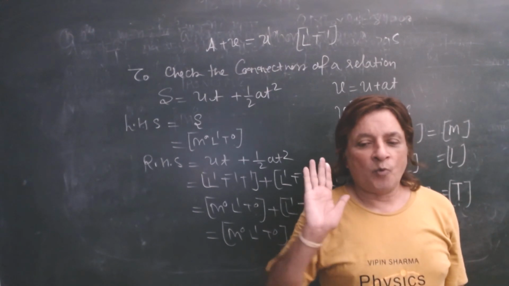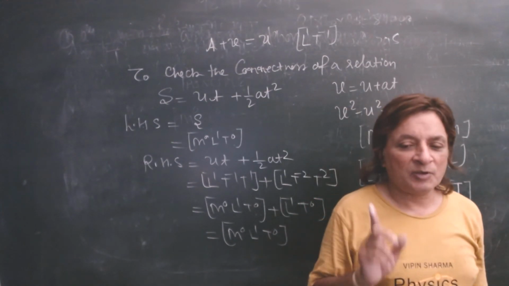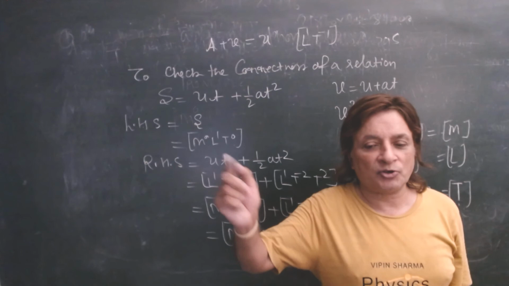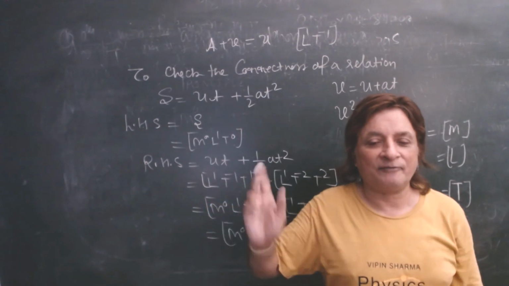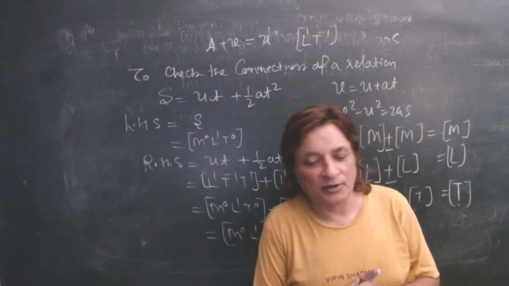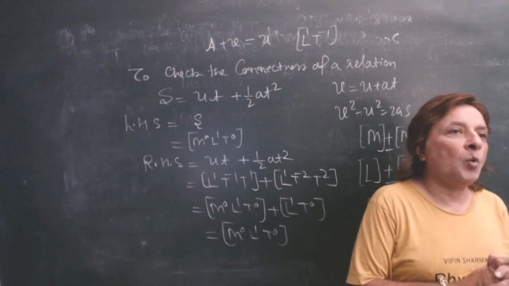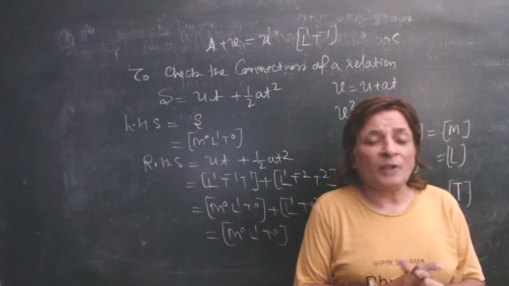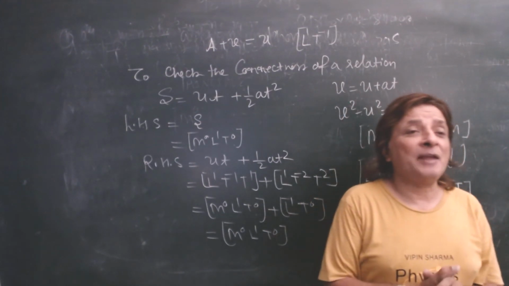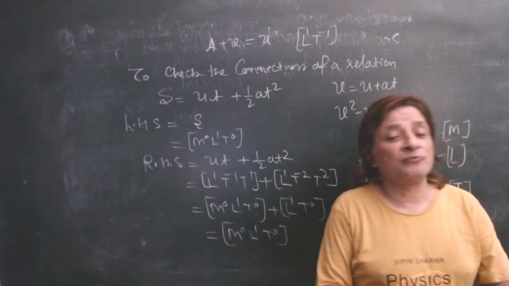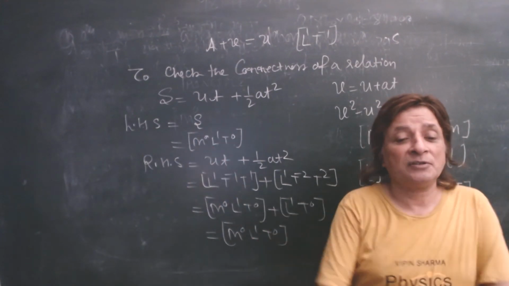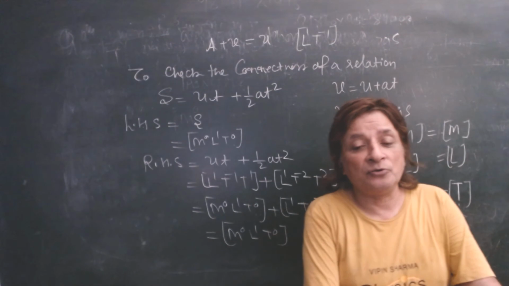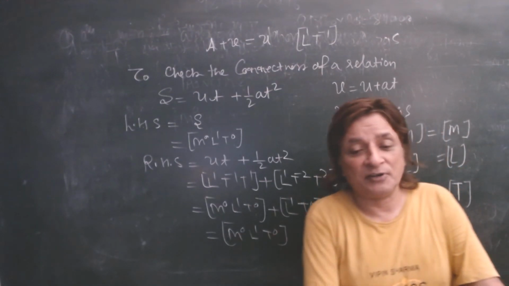And what is the principle of homogeneity? The principle of homogeneity states that the dimensions of mass, length and time of the left hand side must be equal to the right hand side. And what are the uses of the dimensional equation? The first use is we can check the correctness of the relation. Like we check S is equal to UT, then S is equal to UT plus half AT square.